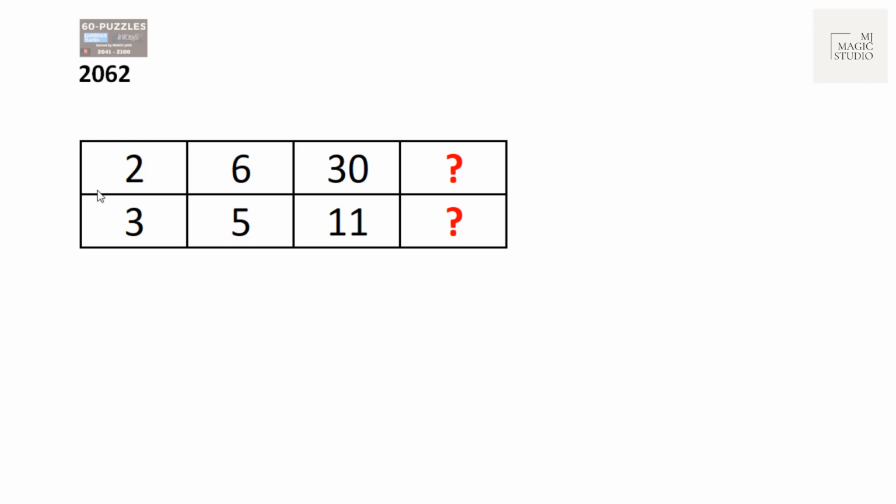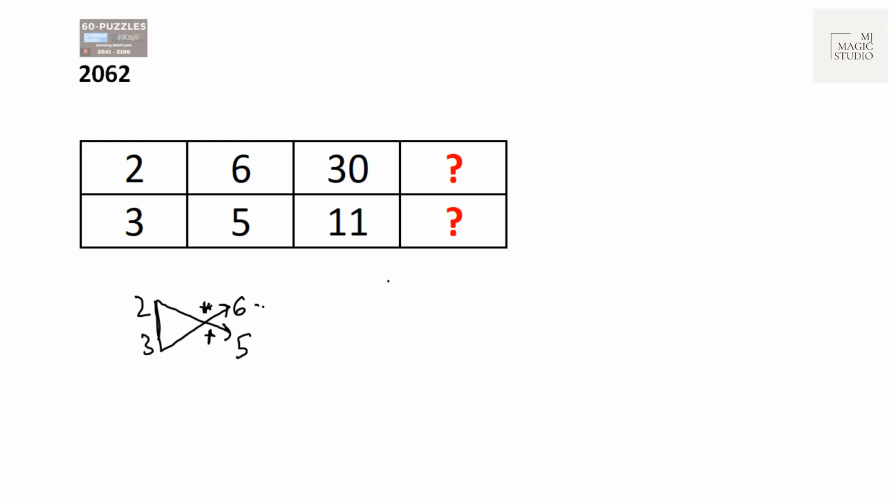Okay, another interesting one and 2 vacant. 2, 3 and then is 6, 5. Okay, we can see 2 plus 3 is 5, addition, and 2 into 3 is 6. So here is multiplication, here is addition.